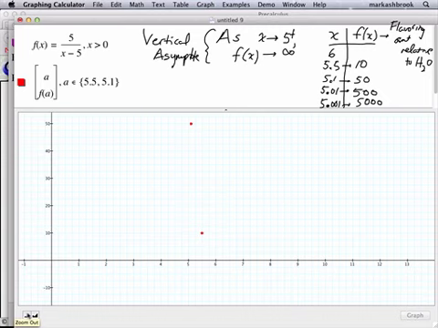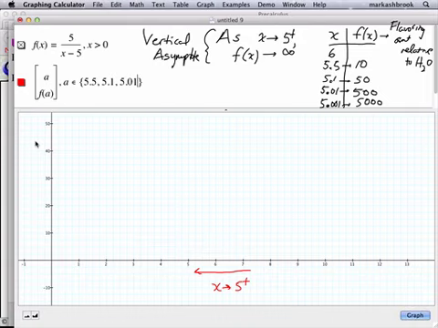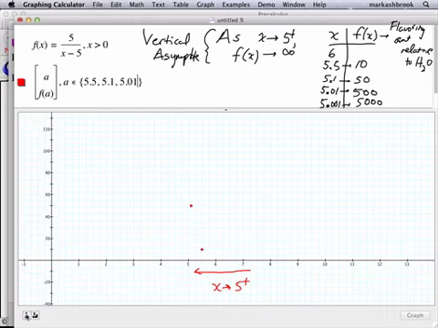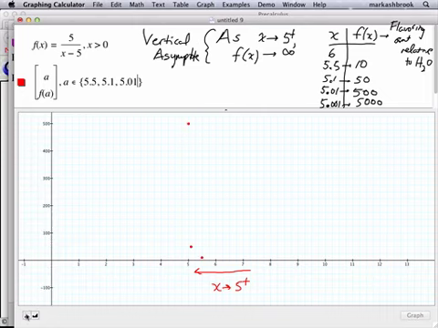What are we doing? We are letting x approach 5 from the right, and we're tracking what the ratio of flavoring to water does. 5.01. One more, 5.001.